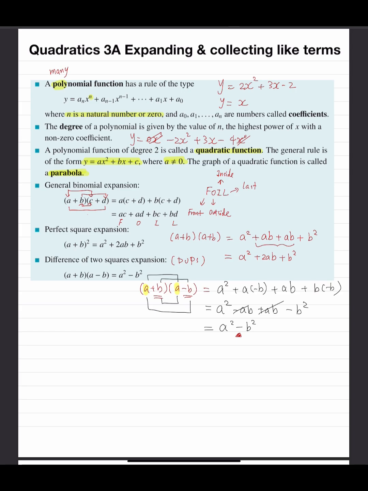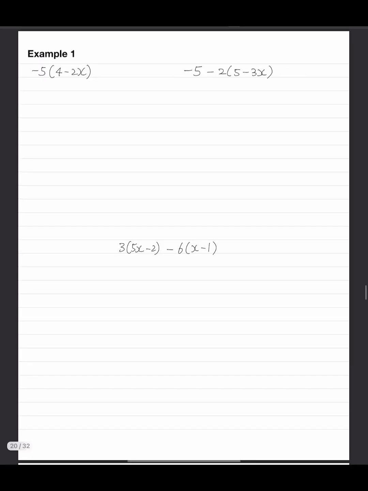Let's take a look at a few examples. Now let's take a look at these three questions in example 1. So the first one, make sure that when you expand brackets, you always need to identify the terms that contain the negative sign, and always carry that negative sign along the way when you're using the distributive law, okay?